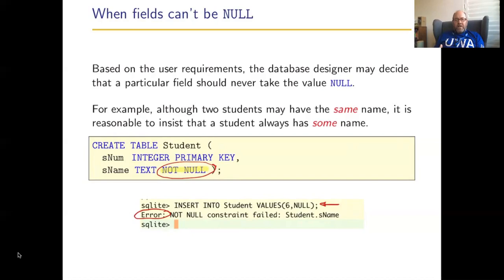So the table is created not just as a list, like a spreadsheet with a list of names, but actually as a table that behaves sensibly. A table that prevents its contents from going bad in certain specific ways.